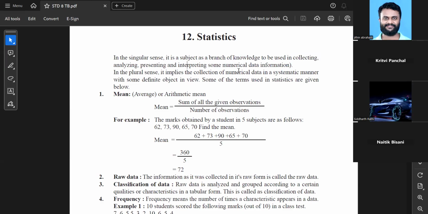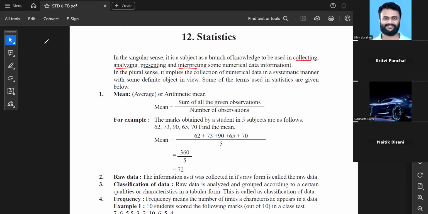Any random data you wish to collect, analyze and present, and then interpret, meaning what lesson we are getting from the data: is anything bad coming out of it, or anything good. So we come to know these things.